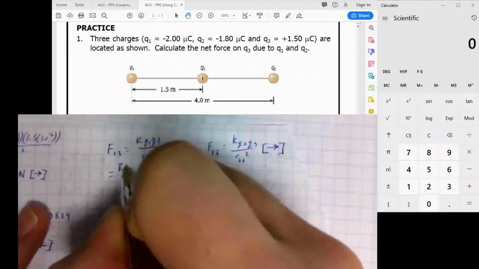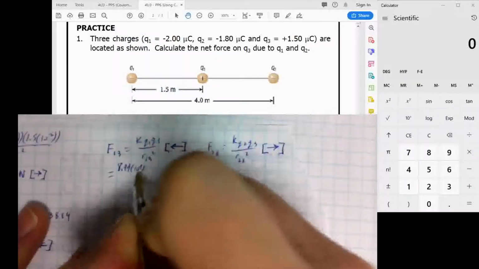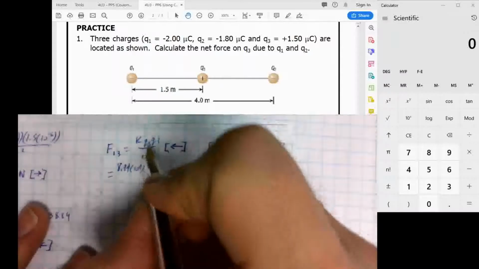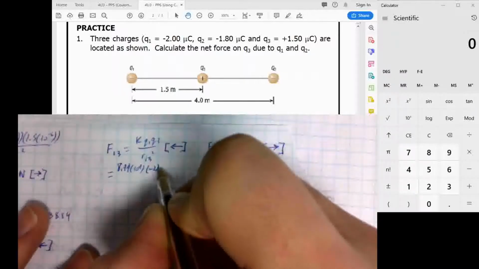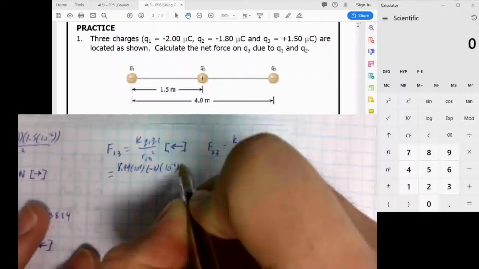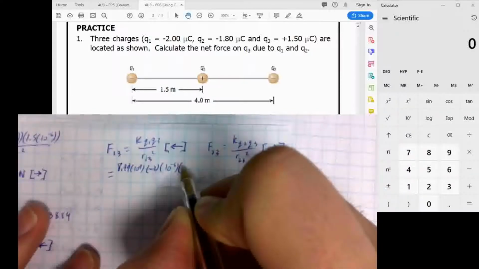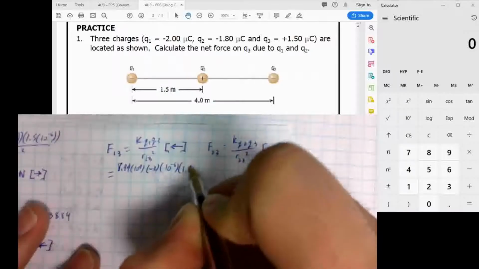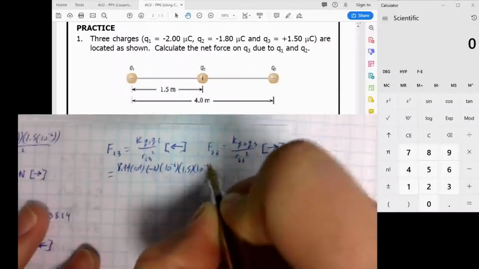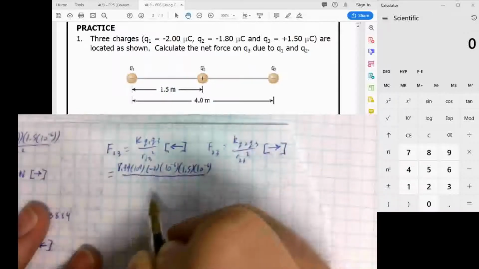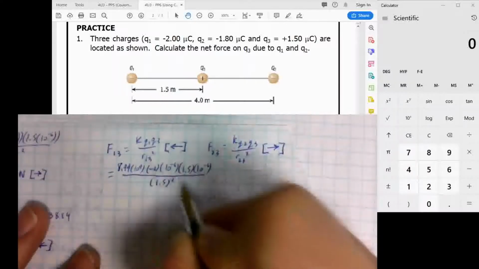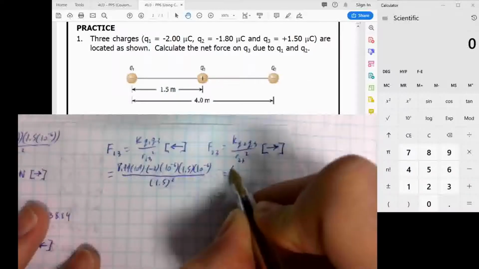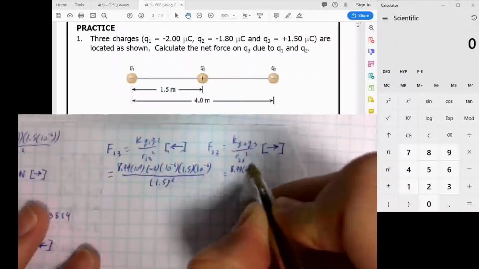K, of course, is 8.99 times 10 to the 9. Q1, I'm just going to write it as -2. The micro is 10 to the -6. Q3 is 1.5. The micro is 10 to the -6. The distance between is 1.5 in this case. On this side, we have 8.99 times 10 to the power of 9.